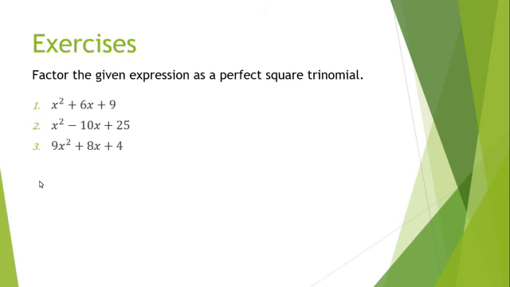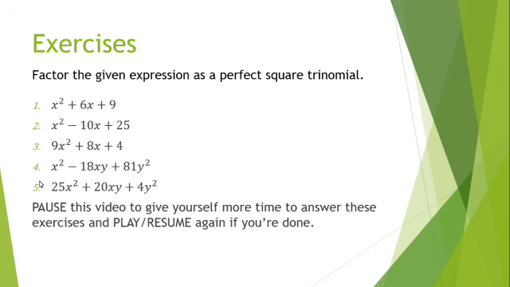Number 3, 9x squared plus 8x plus 4. Number 4, x squared minus 18xy plus 81y squared. And number 5, 25x squared plus 20xy plus 4y squared. Pause this video to give yourself more time to answer these exercises, and play or resume again if you're done. You may start answering now.